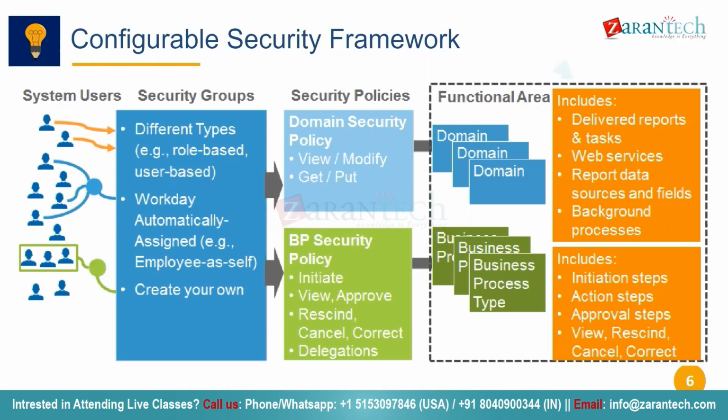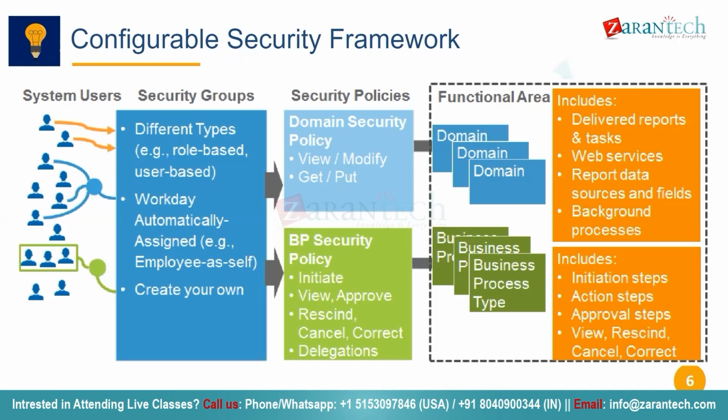So this is how our security framework works. We have the system users, and based on the requirement, we give access to the security group. The security group will have different security policies, and these security policies are attached to our functional area, which consists of a domain.